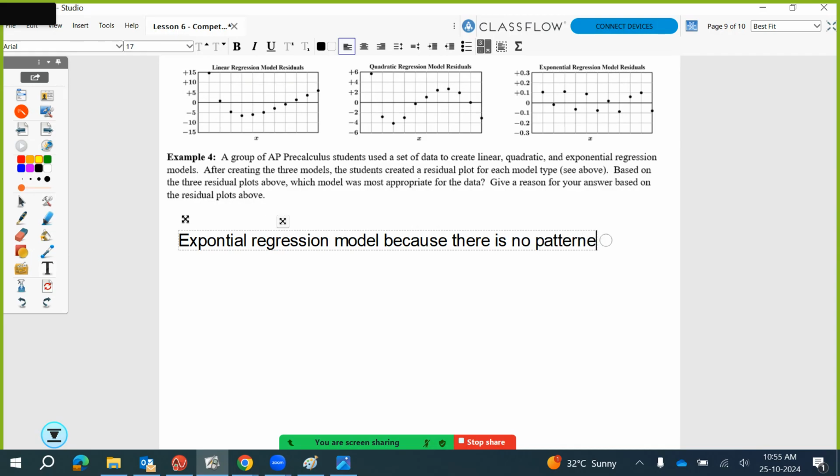There is no pattern. This is the phrase that you want: there is no pattern to the placement of the residuals in the residual plot.